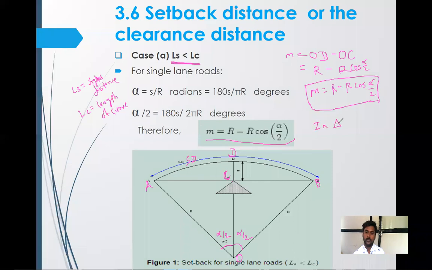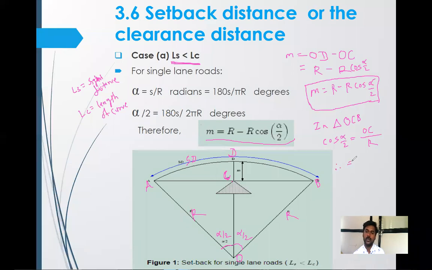In triangle OCB, cos alpha by 2 is equal to OC divided by R. OC is the adjacent side and R is the radius.